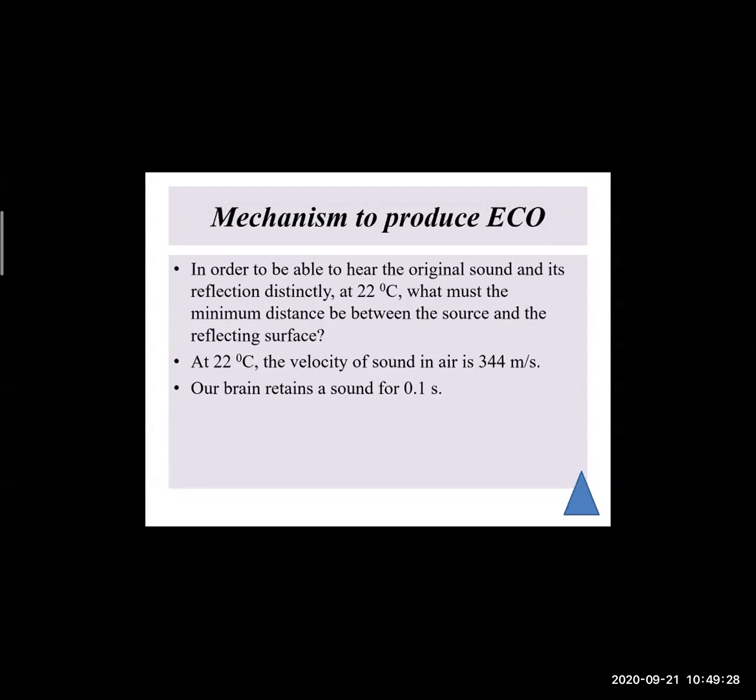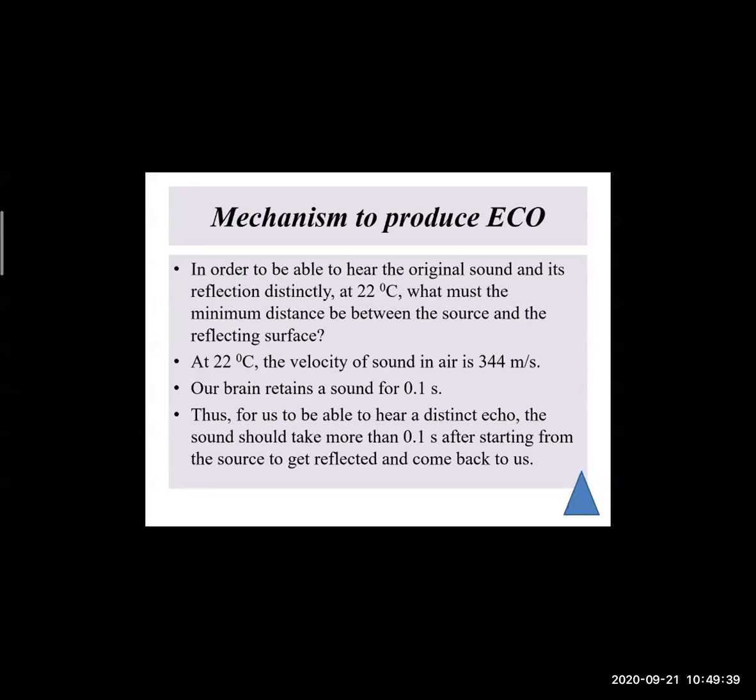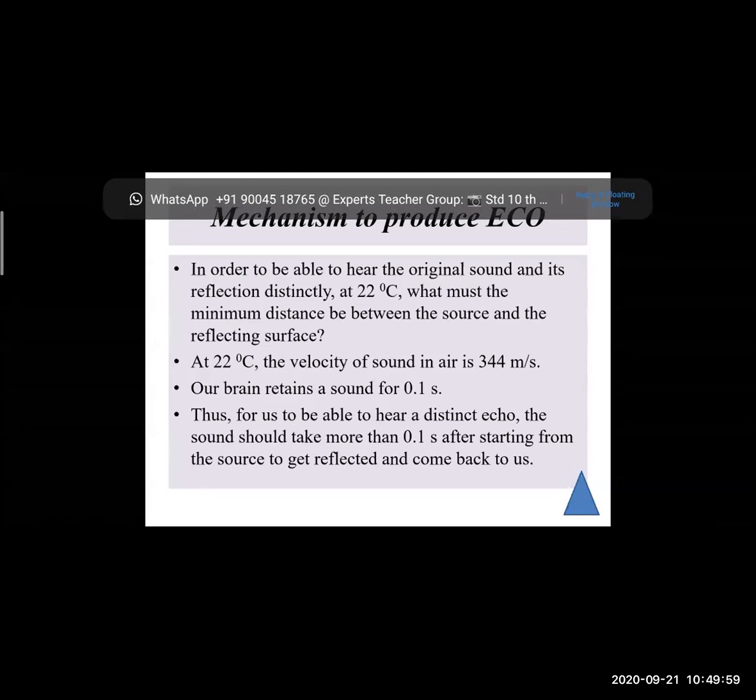Our brain retains a sound for 0.1 second. So any sound which is retained by our brain, the timing is 0.1 second. Thus, for us to be able to hear a distinct echo, the sound should take more than 0.1 second after starting from the source to get reflected and come back to us.